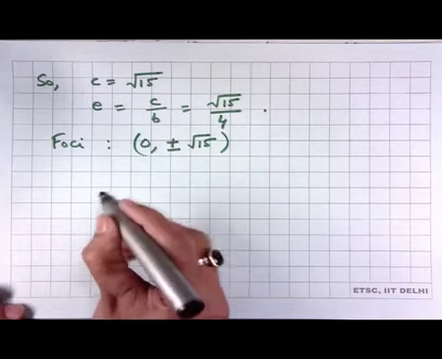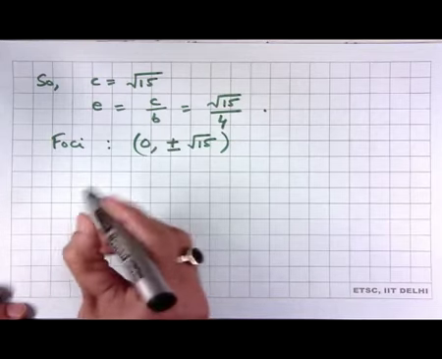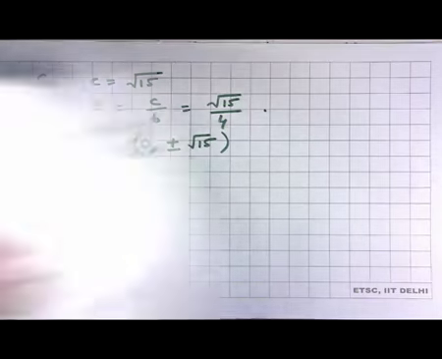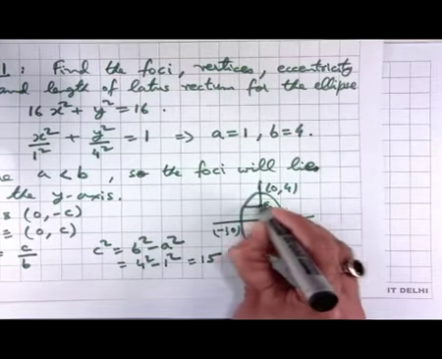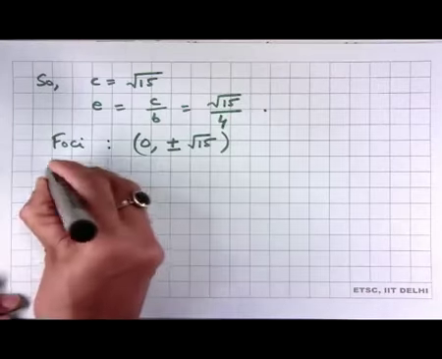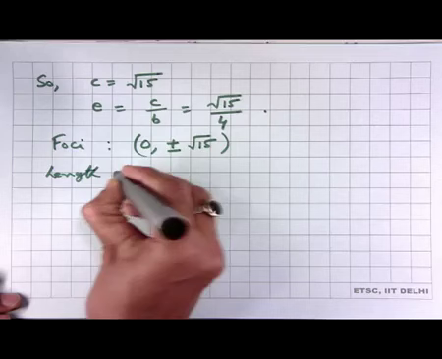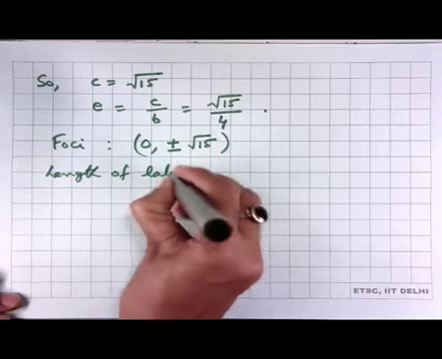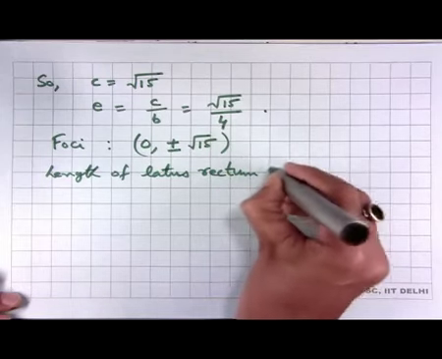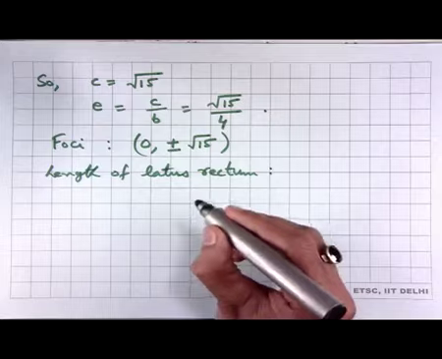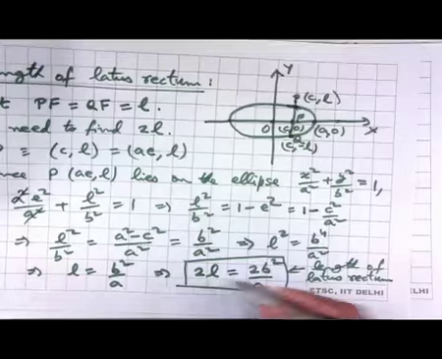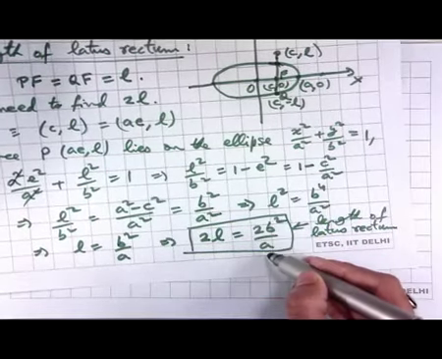And the length of latus rectum. So, in this case the latus rectum will be this. We derived this formula where the foci were on the x axis and the length of latus rectum was 2b²/a.